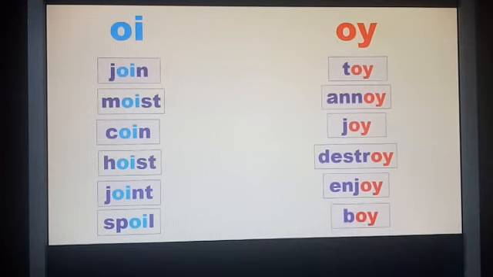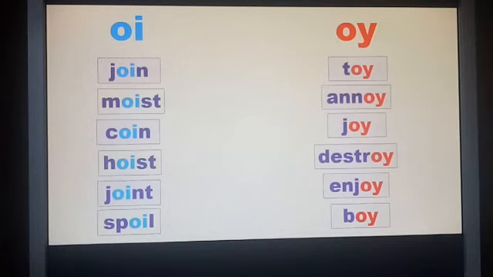Children, did you segregate the words like this? If you have done, very good. A big round of clap for you. If you have not done, also no problem. By seeing this, you can write the words and observe carefully which side the OI words are and which side the OY words are.